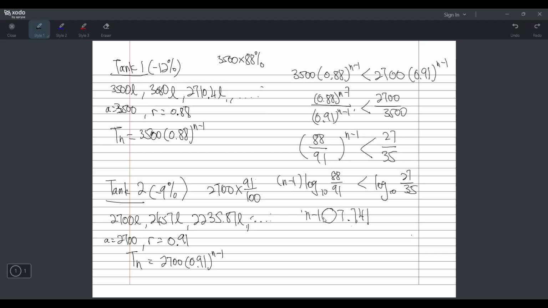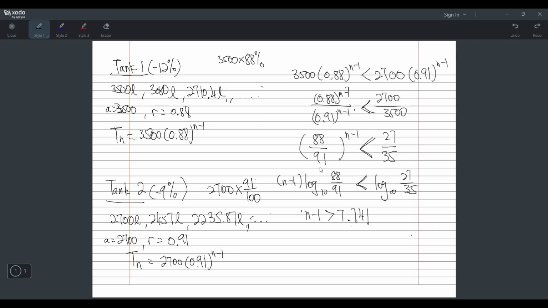But be careful here. The symbol has to be written as bigger or smaller. This one is smaller, right? But here you cannot write smaller. Here you have to write bigger. You know why it has to be reversed? It's because you divide by a negative. Maybe you say, sir, where is the negative? If you press this separately, log 88 over 91, you will get negative.